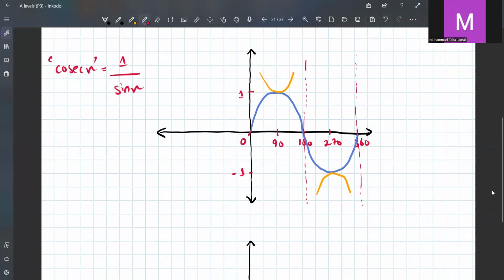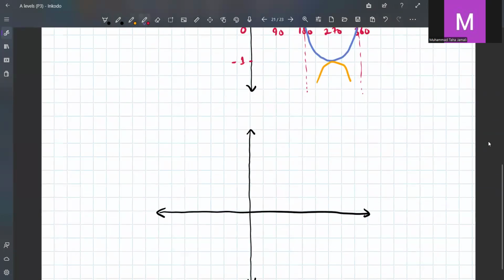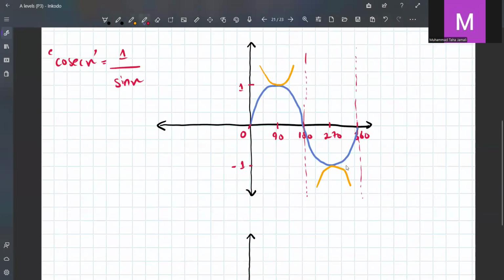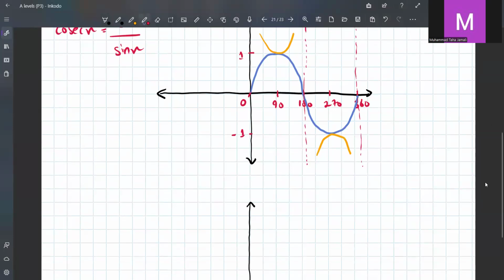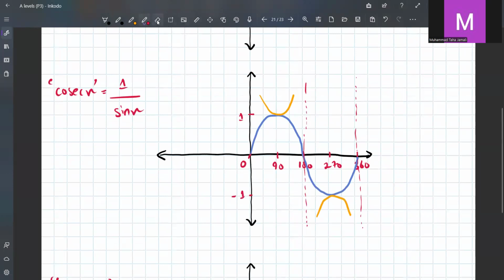So a final version of the cosec x graph will only contain these orange curves. Let's just draw it here, cosec x. I will just copy it.